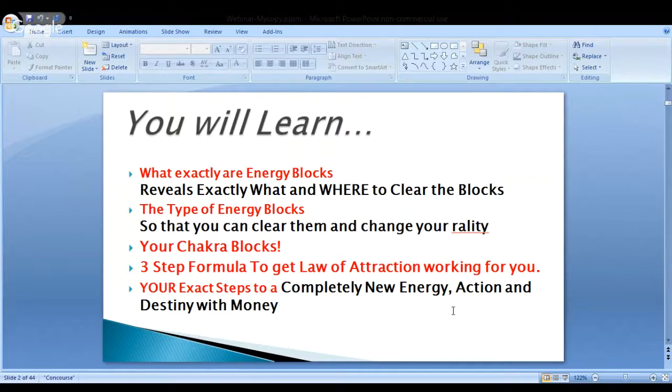If you're not familiar with chakras, I'll give you visual diagrams to see exactly where they are. We'll talk about the 7 main chakras today, but there are plenty more. And I'll give you my 3-step formula to actually get the law of attraction working for you. Then finally, we'll talk about the exact steps to new energy and action and destiny with money.